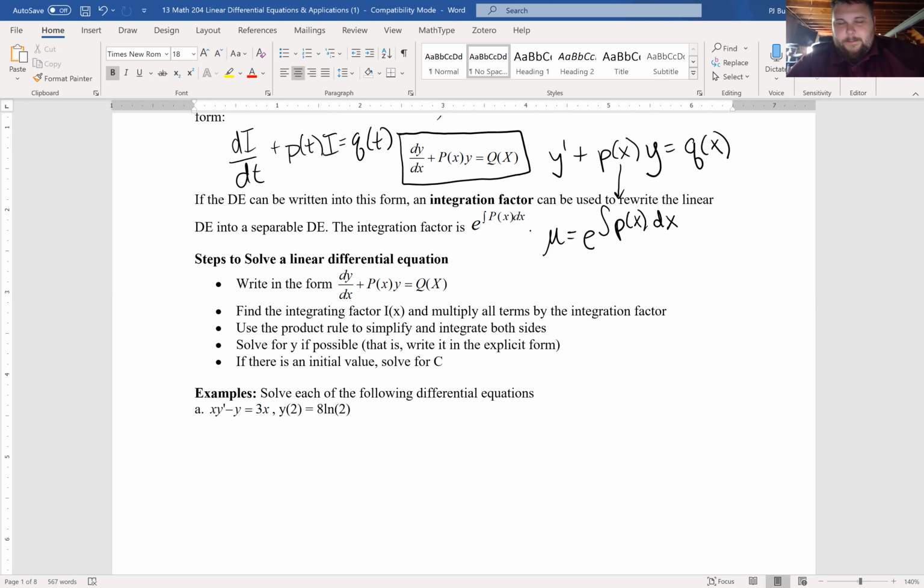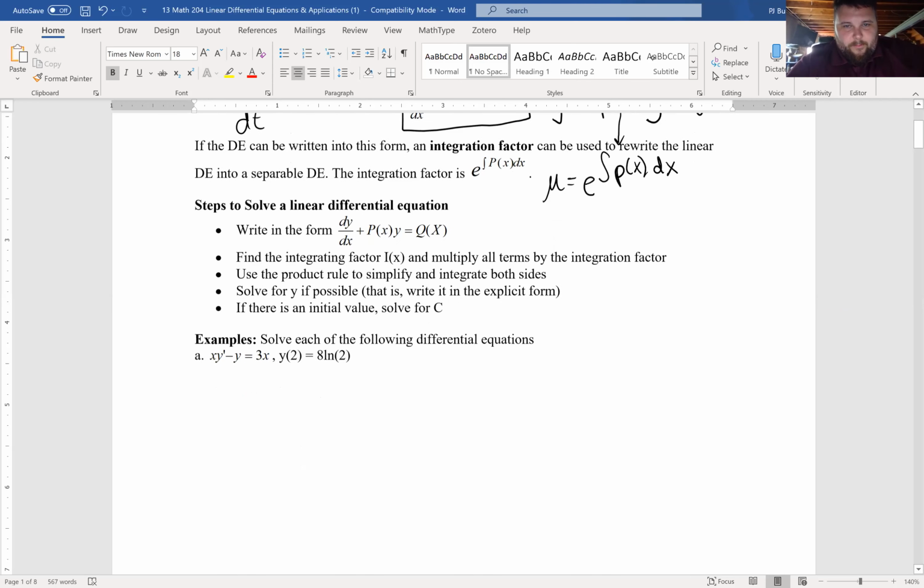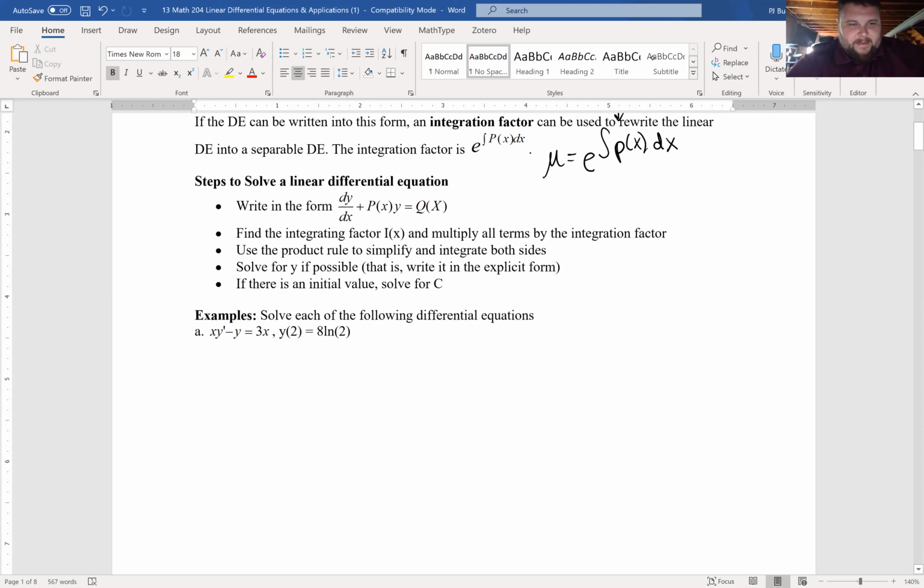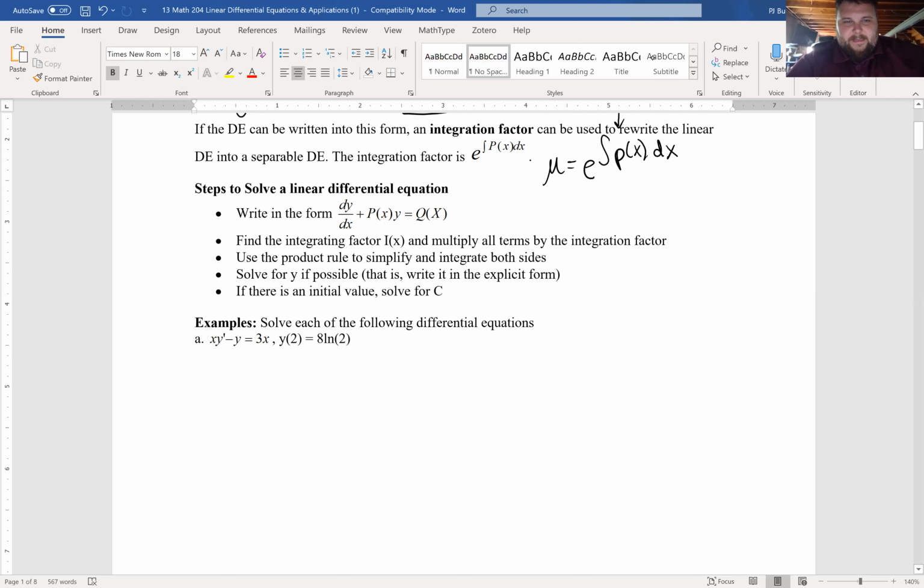All right. So let's look at this first problem and go through the form. I've got x times y prime minus y equals 3x. Now, I just got done telling you before that it's got to be in this format. So notice the dy dx, or the y prime, is by itself. But in the problem we're given, it isn't.